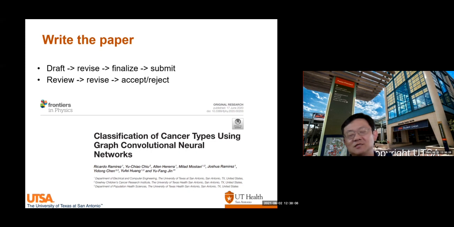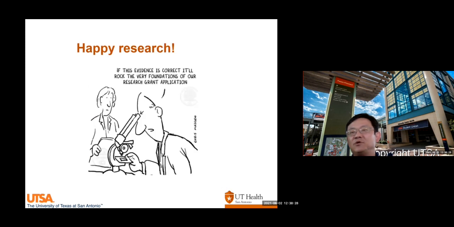In those cases, we have to really accept the reality and think hard about what exactly went wrong, take the reviewer comments to heart and see how we can further improve the paper, and move on to submit probably to another journal. Okay, so that's pretty much the process of research, right?